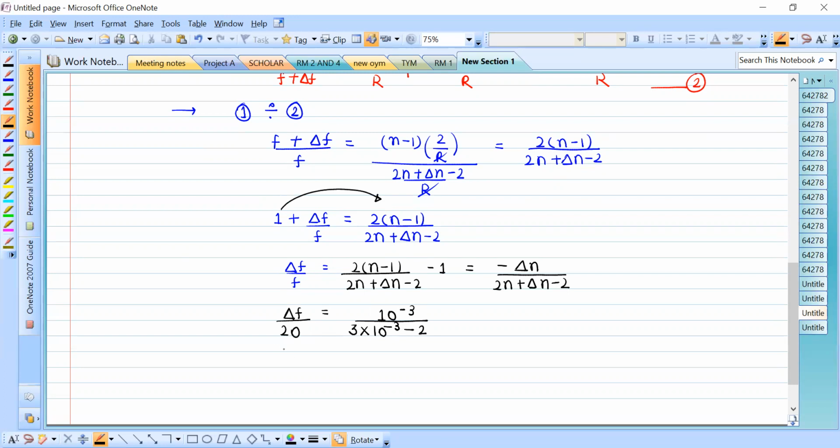Okay, so from this, if we obtain our delta f, that will be 2 into 10 to the power minus 2, or I can say 0.02 centimeter. Of course we will take this magnitude. Okay, so this is our answer. Hope you all understood. Thank you.